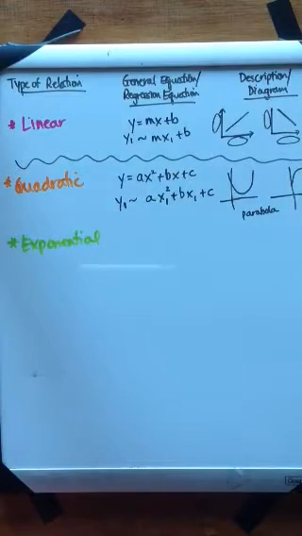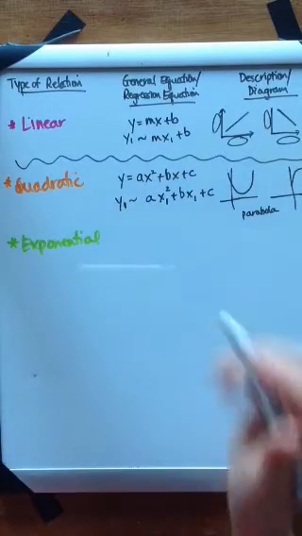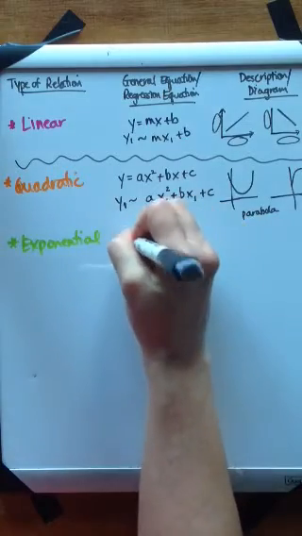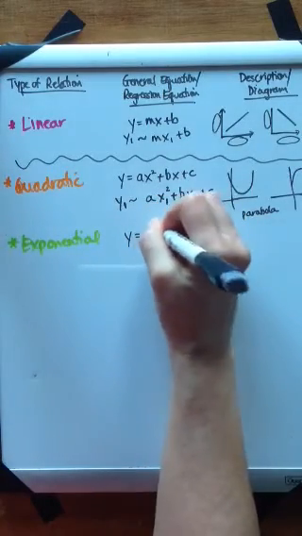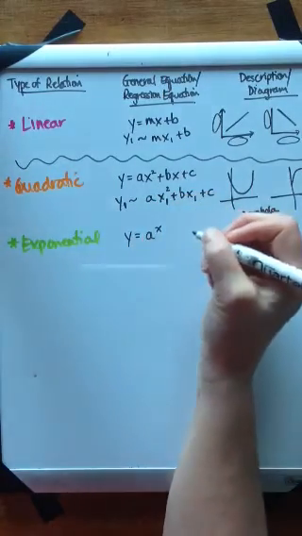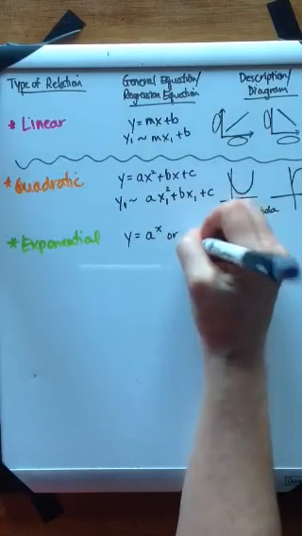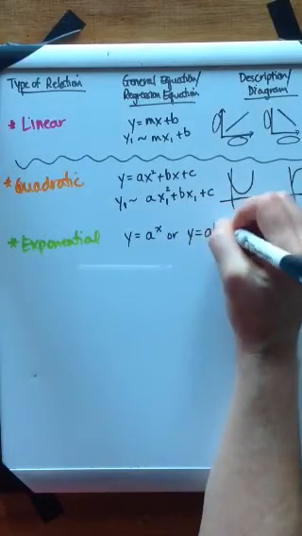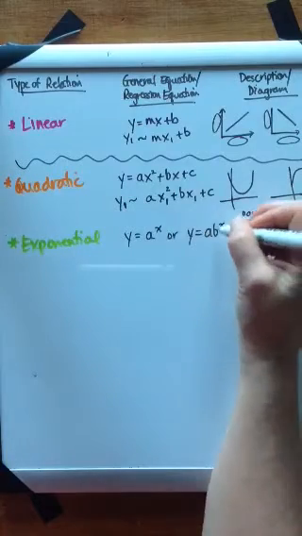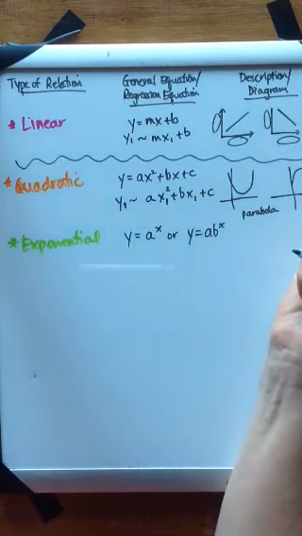Again, this is one that I want you to know. The general equation for exponential is y equals a to the x, but a better version of it is y equals a times b to the x. The b disappears here only if b is equal to 1, and that's not always the case.